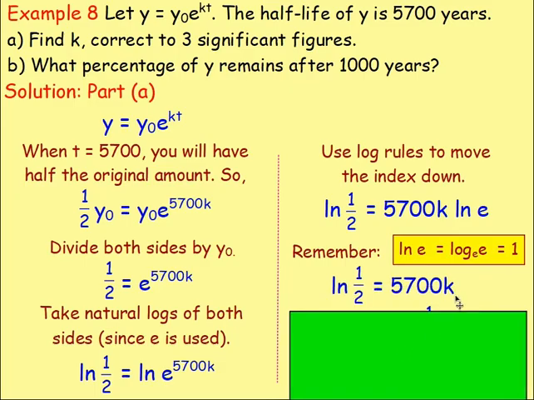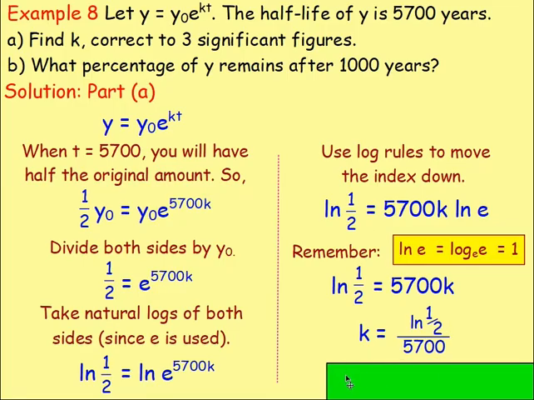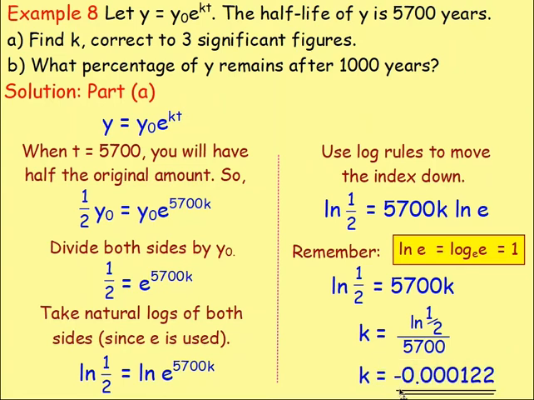We want to work out the value of k correct to 3 significant figures, so let's divide both sides by 5,700. After that, k is equal to ln 1/2 divided by 5,700, and once again put that into the calculator, and that will give you negative 0.000122 to 3 significant figures.